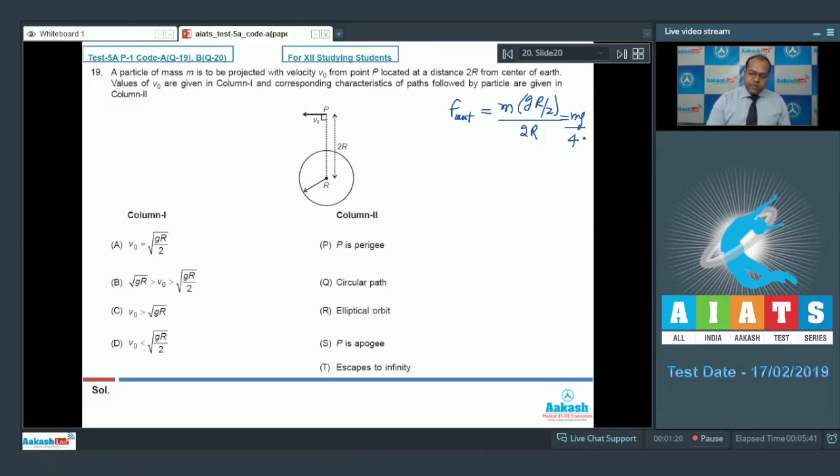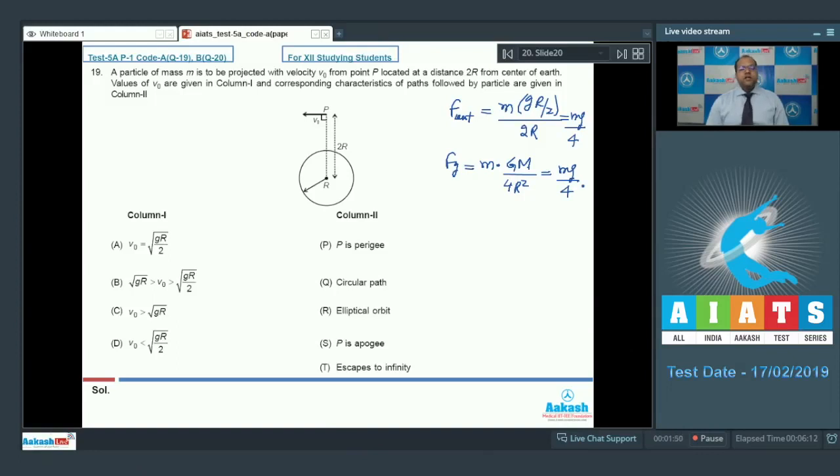So at this moment, if I calculate the gravitational force experienced by the particle due to the earth, it is m into GM divided by (2R) whole square, so 4R square. So again this GM by R square can be written as small g, so it is mg by 4.